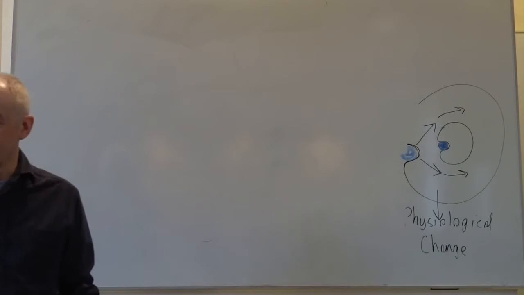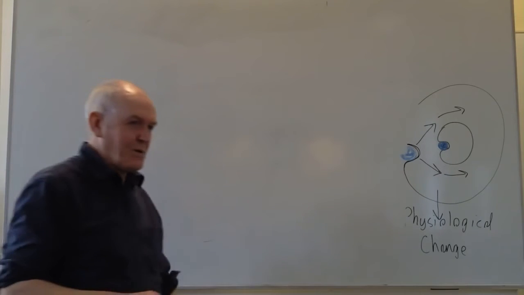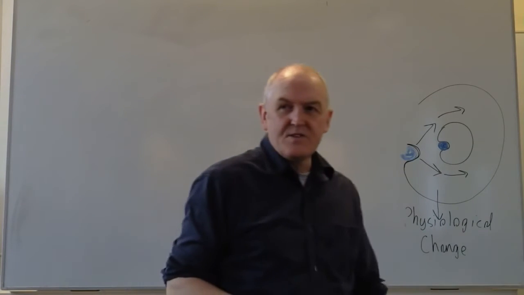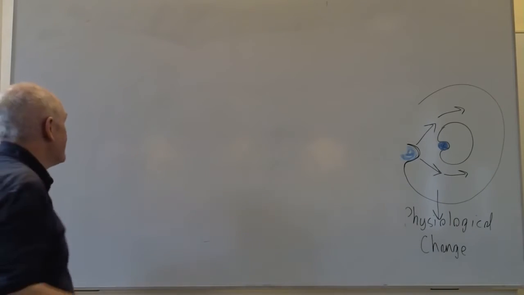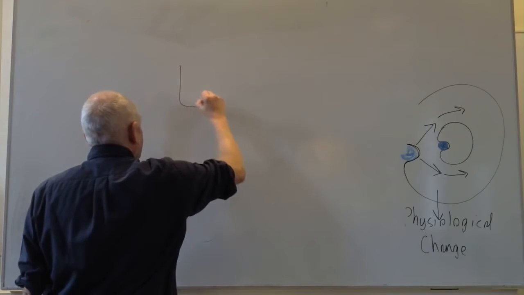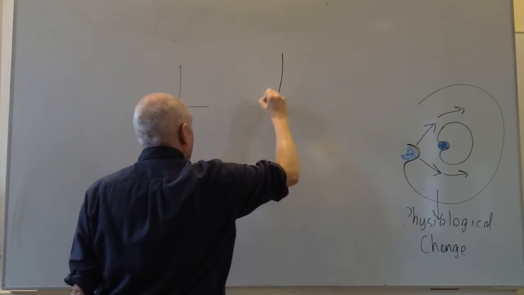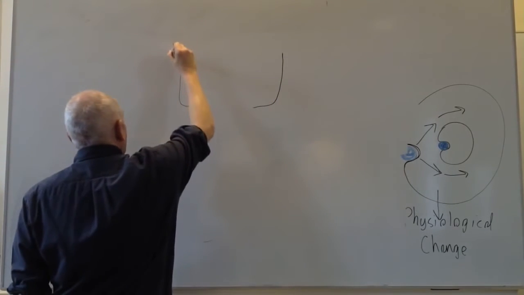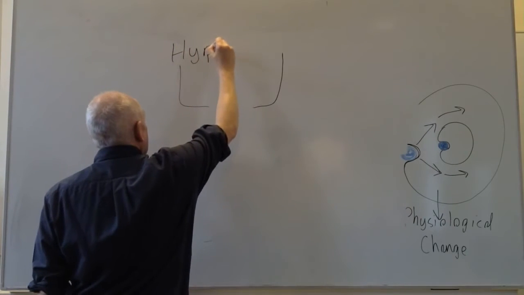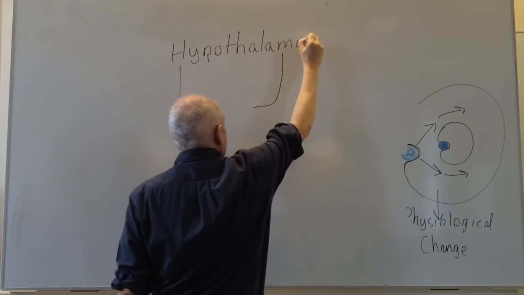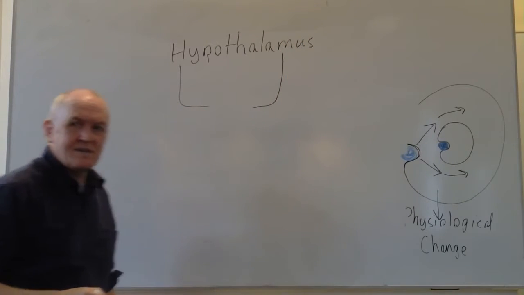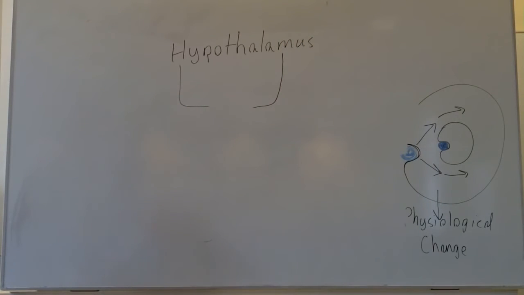This complicated coordinating organ. And there's a bit of the brain called the hypothalamus. So here's the bottom part of the hypothalamus here. So this bit here is the hypothalamus. It's one of the bottom parts of the brain.